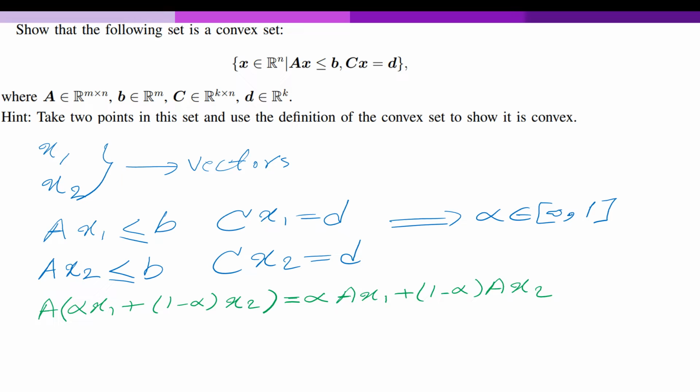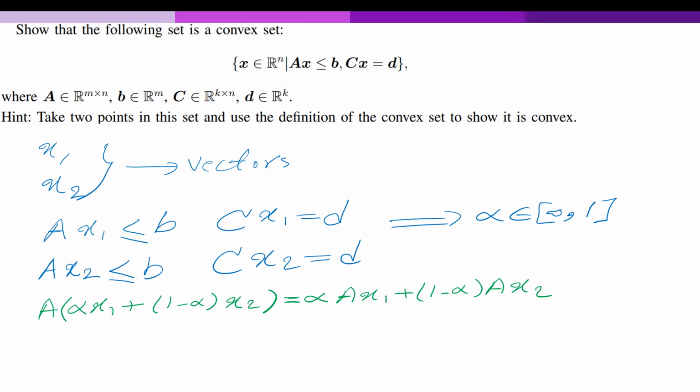So we can say alpha Ax1 is less than or equal to alpha b, and we also know that Ax2 is less than or equal to b. Therefore 1 minus alpha Ax2 is also less than or equal to 1 minus alpha b.